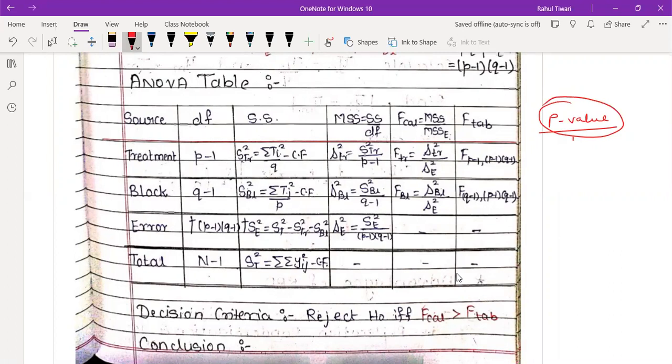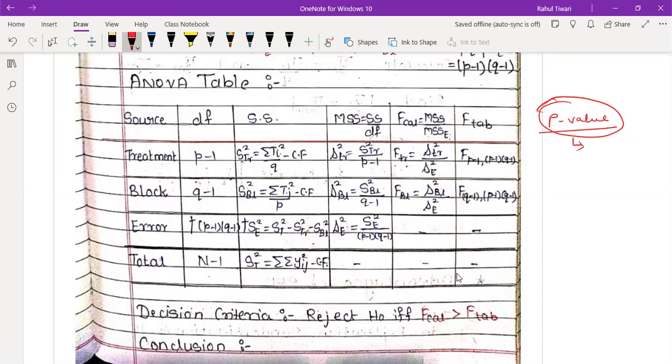So whoever is doing a project and performing any kind of analysis using any software, maybe Excel, Stata, R, Python, you have to always look at the p value.